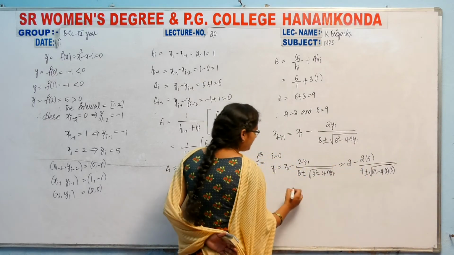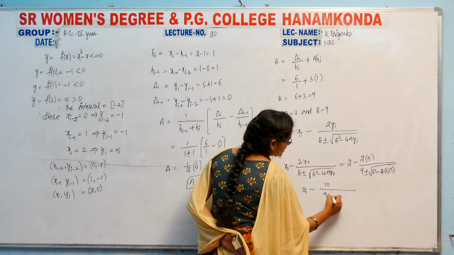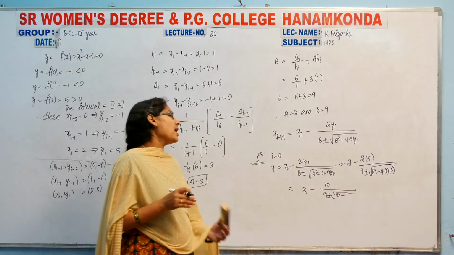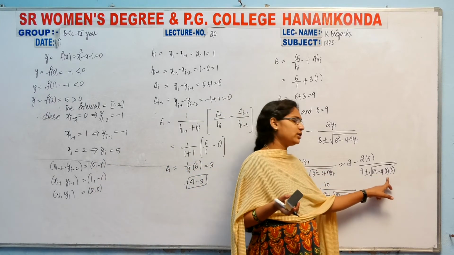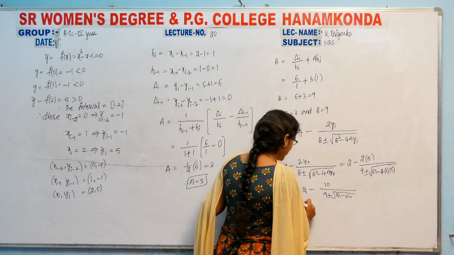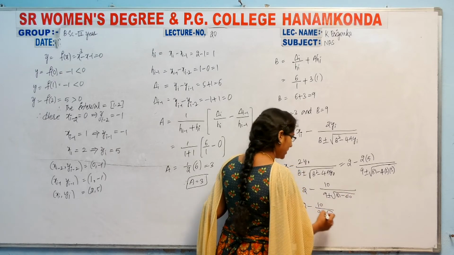Then what we get here, 2 minus 10 by 9 plus or minus root of 81 minus 4, 3s are okay. Yeah, 5 3s are 15. Otherwise you can go with 4 into 3, 12, 12 into 5, 60. Now it is 2 minus 10 by 9 plus or minus root 21.